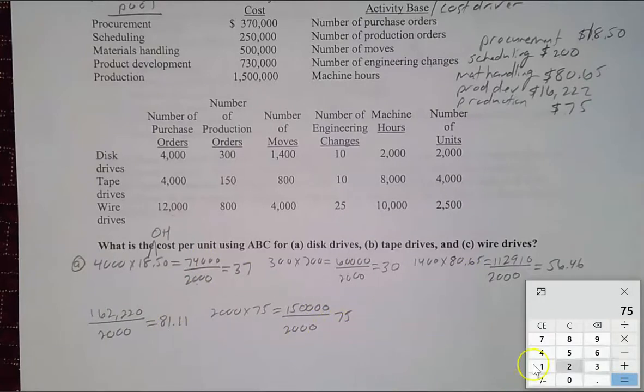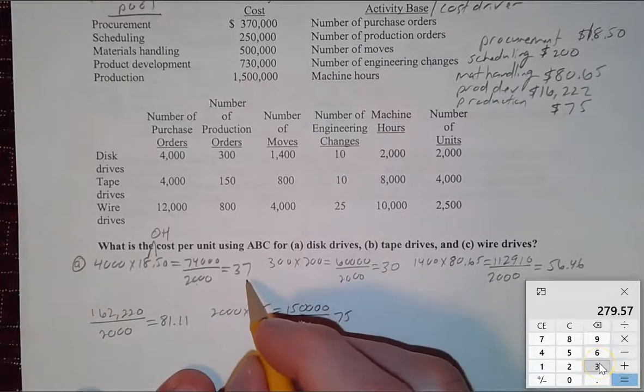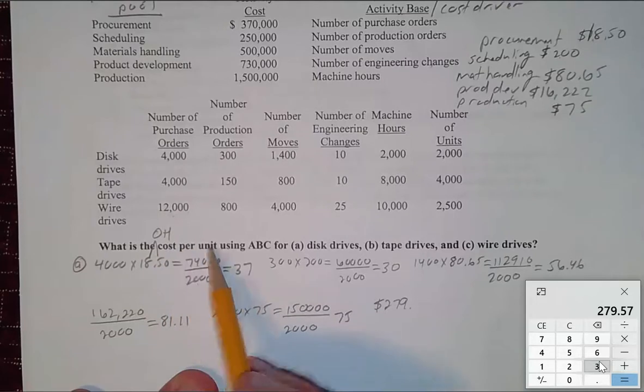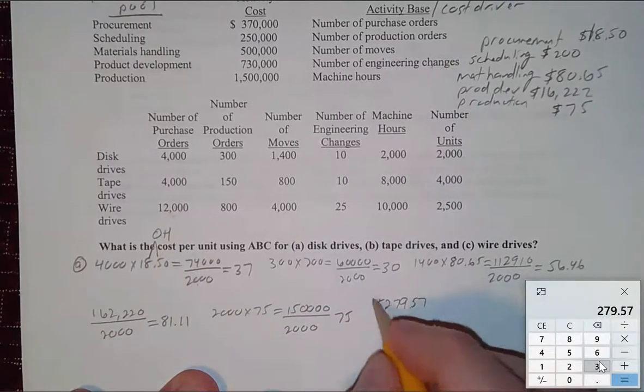Now we've already got this 75 here, so I'm going to leave it, it's on the calculator, and I'm going to go backwards. 75 plus 81.11 plus 56.46 for materials handling, plus $30 for scheduling per unit, plus, where was it? $37 for procurement, and all of these figures together are going to give us a total overhead cost per unit of $279.57.